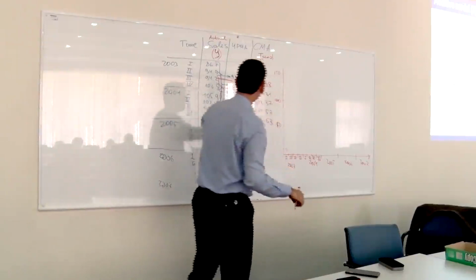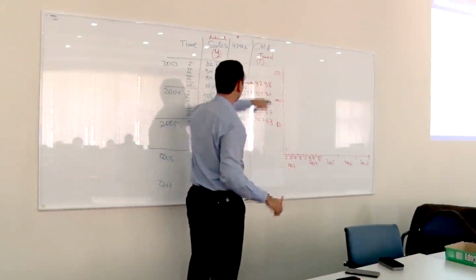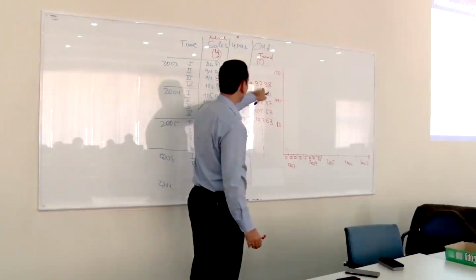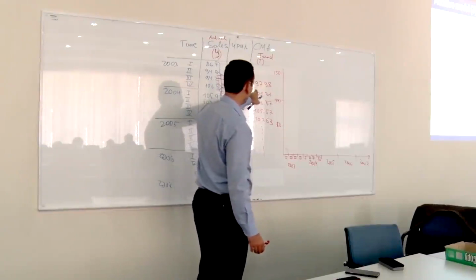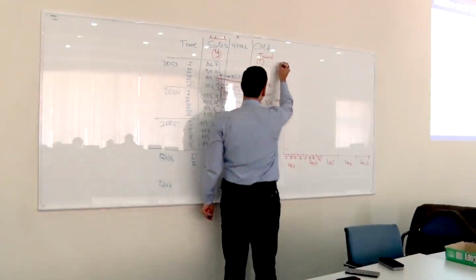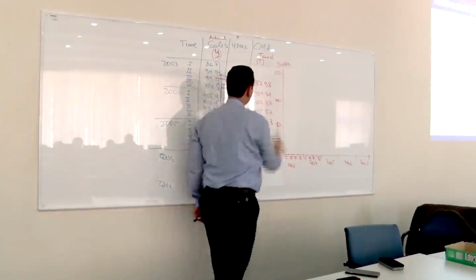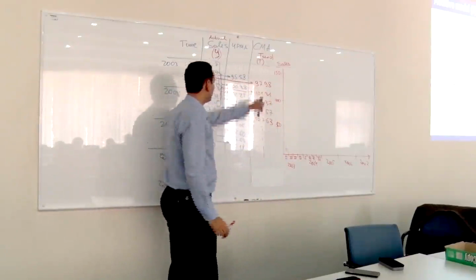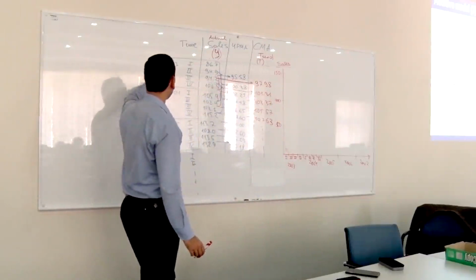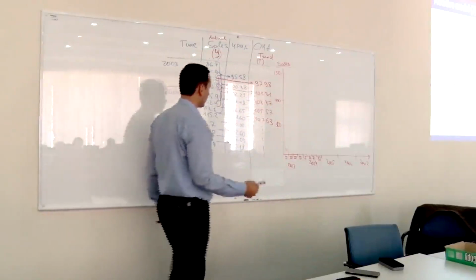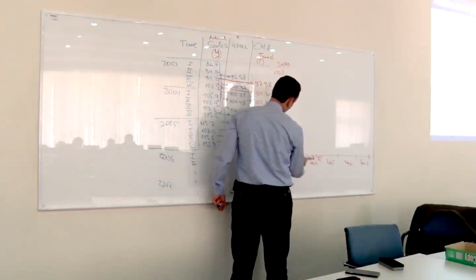Now, plotting the first point, 97.98, where does it go? This is sales. So sales 97.98, where does it go to? So you look at here, and it says it's 2003, the third quarter. So our first point will start from 2003, the third quarter.